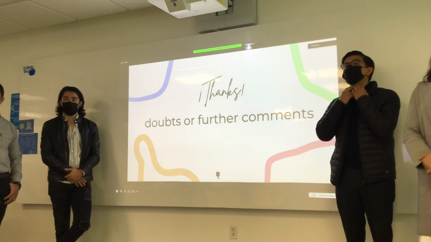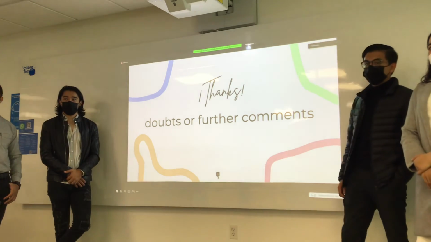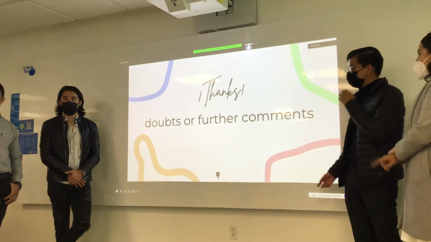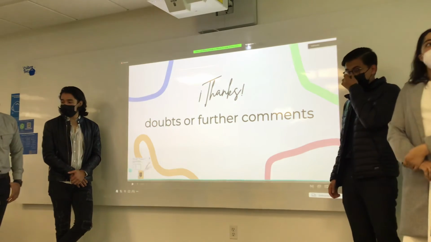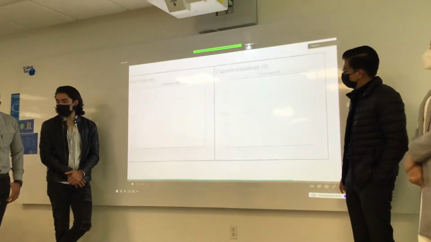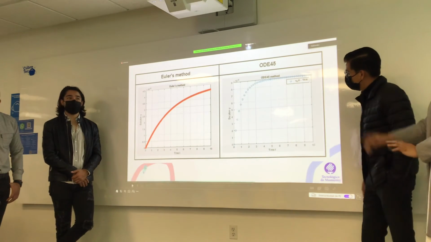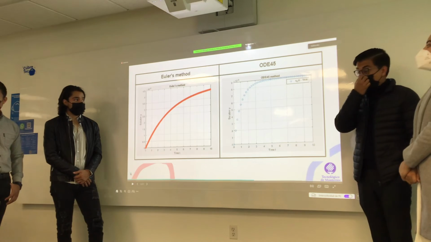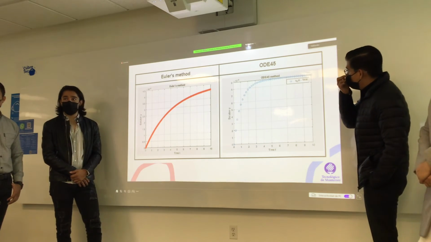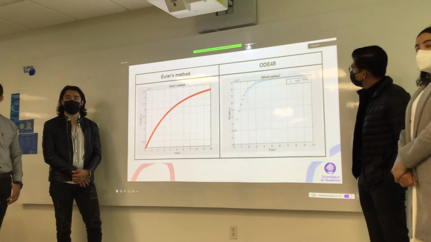I don't know, maybe just one final question. In your comparison between Euler's and Runge-Kutta's method, you presented a comparison of the two methods. I wasn't sure if this is the same simulation, because that's what I understood.